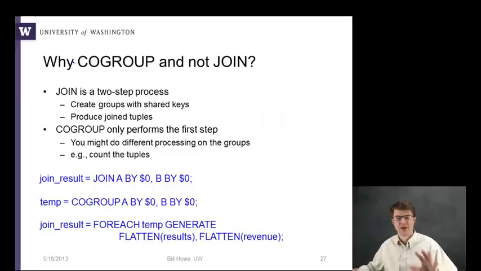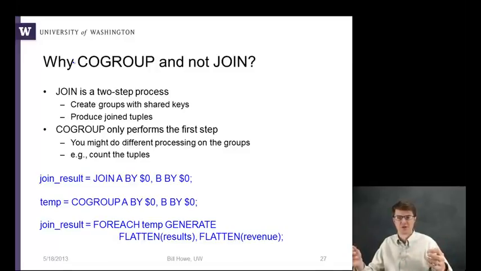All right. So we have this cogroup operation and we have a join operation. Why do we need both? Well, the reason to make cogroup explicit is that join is really a two-step process. There's one step to create the groups based on the join key, and then a second step to actually produce the join tuples. But that group creation step is useful for a lot of applications, not just producing a join.